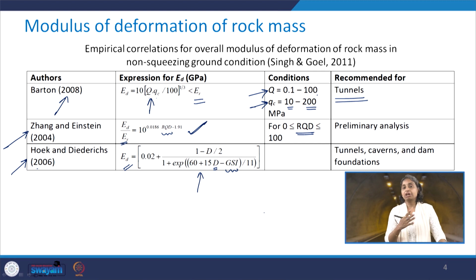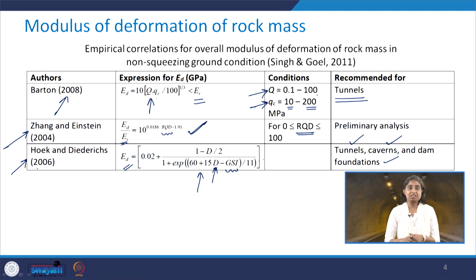If you recall, in one of our earlier lectures, I have already told you how we can determine the value of this D. This expression can be used for tunnels, caverns, and also for the dam foundation. So this is how, using the empirical correlations, you can determine the modulus of deformation.